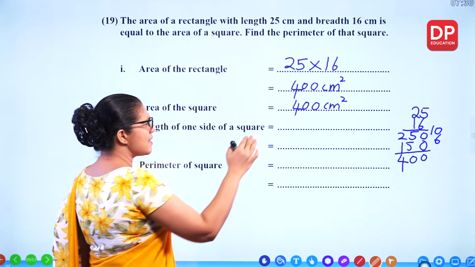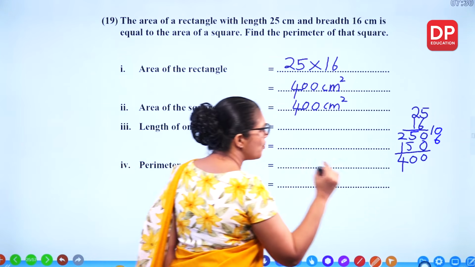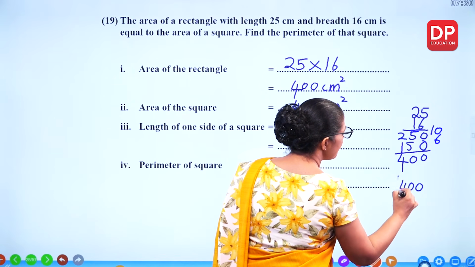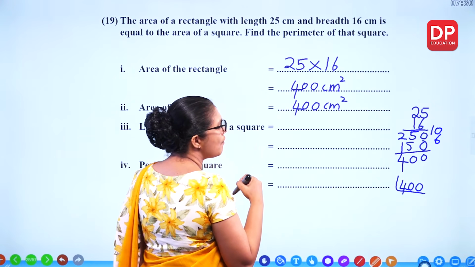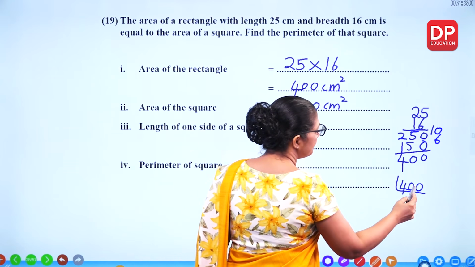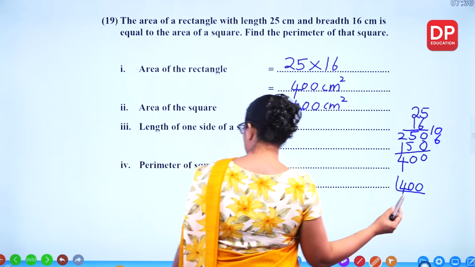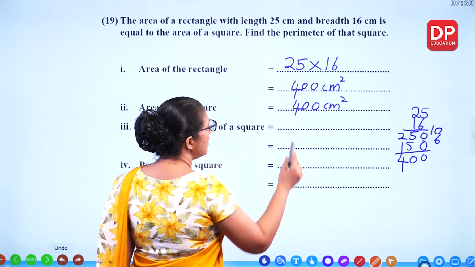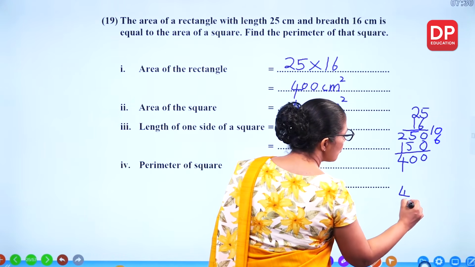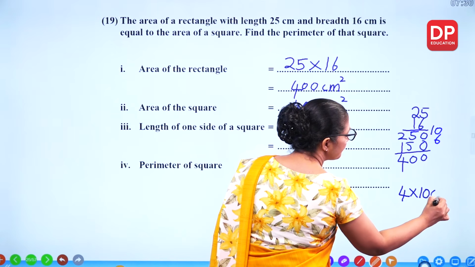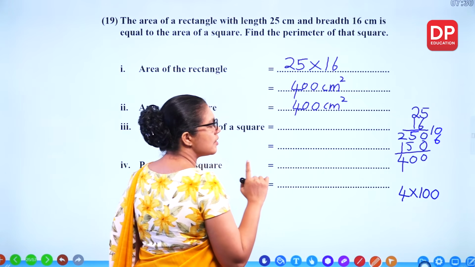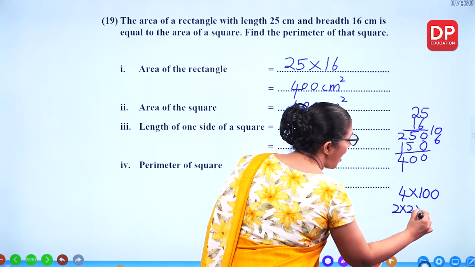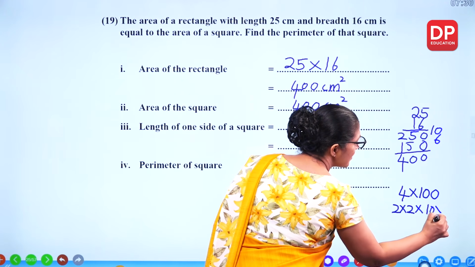Square root means how you get 400. 400, I can write 4 into 100. 4 is 2 times 2. 100 means 10 times 10.